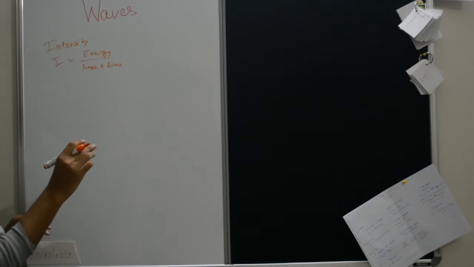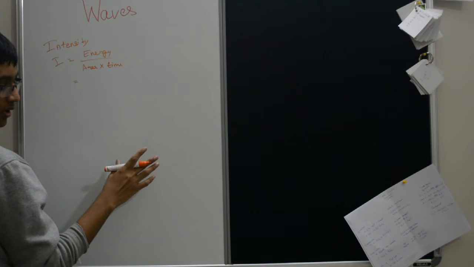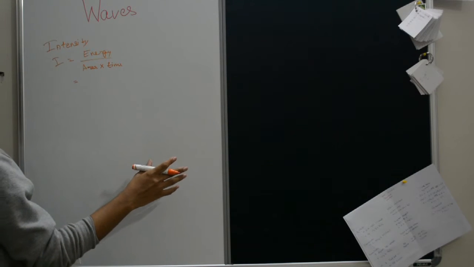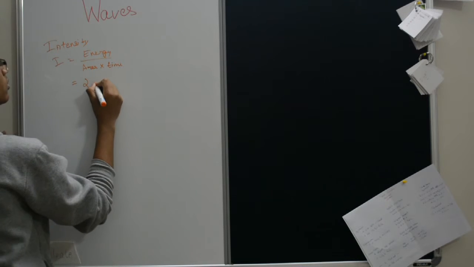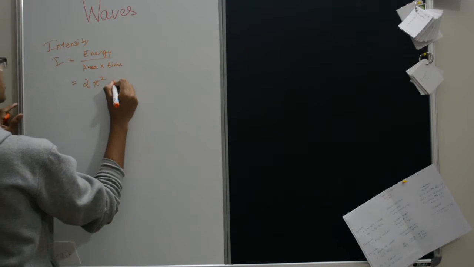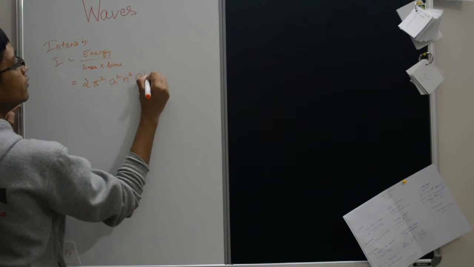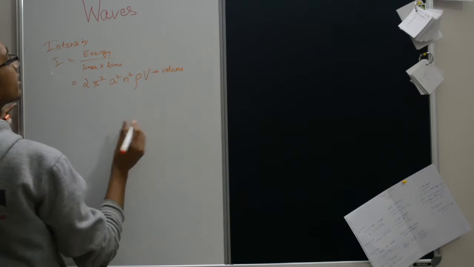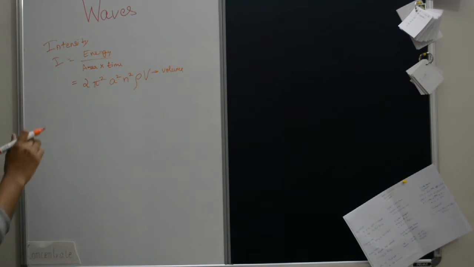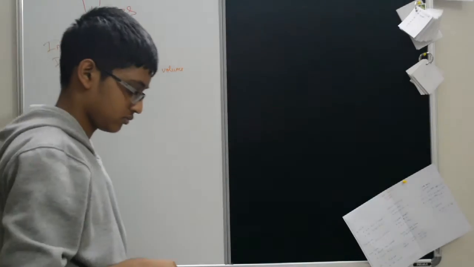If you put in all the values of energy, area and time, you get the value 2π²A²n²ρv. Here v is the wave velocity. This is the formula for intensity.